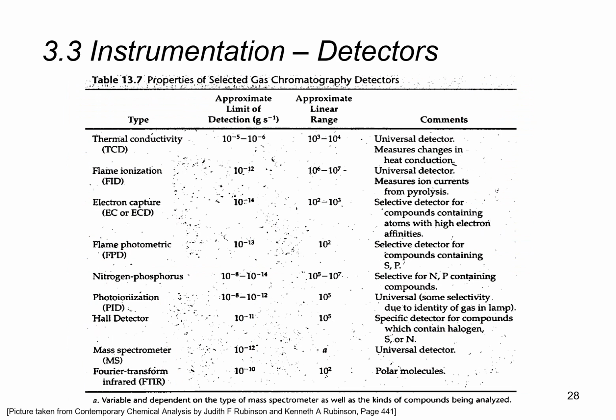So again, here we have a list of a whole bunch of different types of detectors that can be coupled to a gas chromatography instrument, and there are some ranges in terms of their ability to detect, and also some applications for these detectors.